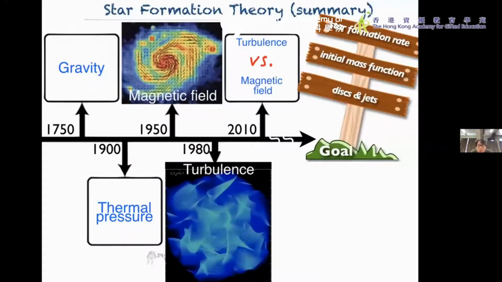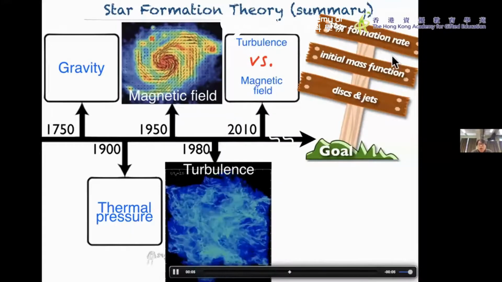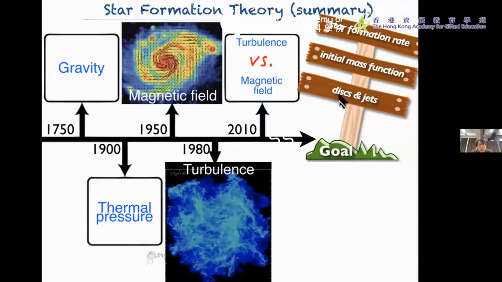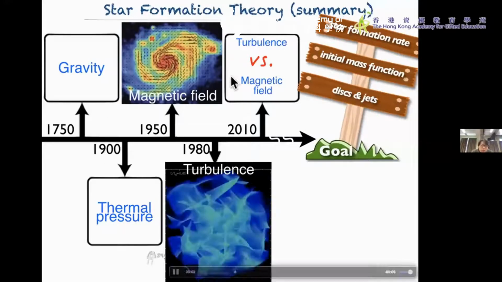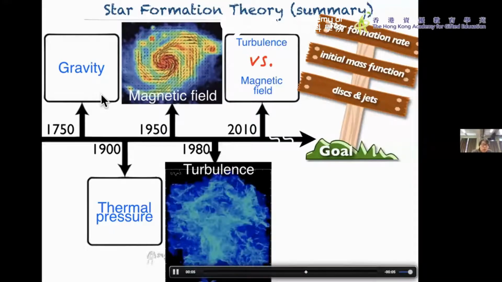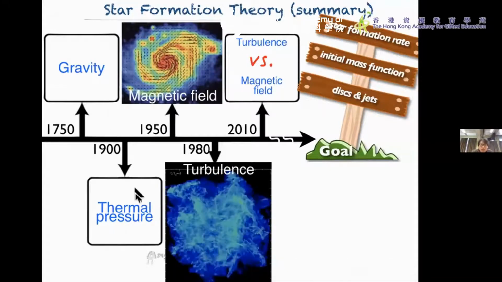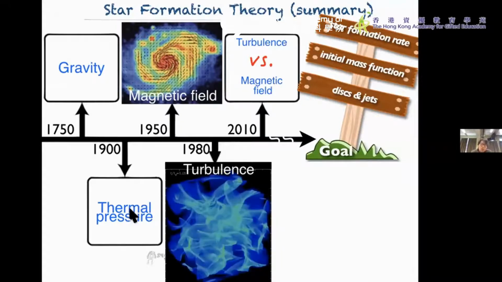Okay, here's the summary. We have lots of observed phenomena of star formation, and we also learned some properties of this dense gas. And within this dense gas, of course, we have gravity. We have thermal pressure, but it's not so important because temperature is so low.